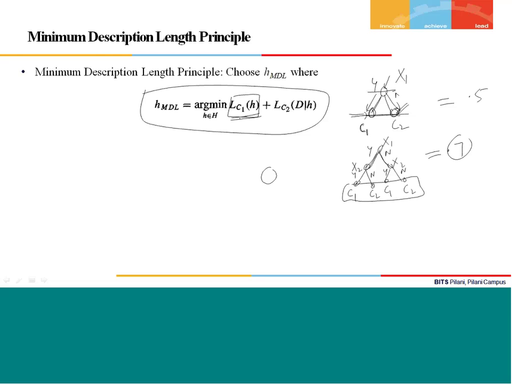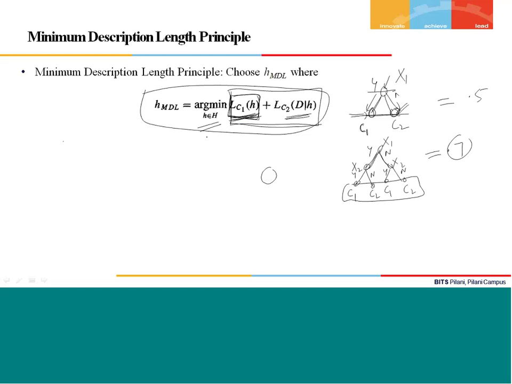This is the length of the decision tree, let's say, and this is the classification by the decision tree. If I want to minimize this whole expression, and this is the size of the decision tree, then the smaller the tree I take, the more it will minimize this expression.